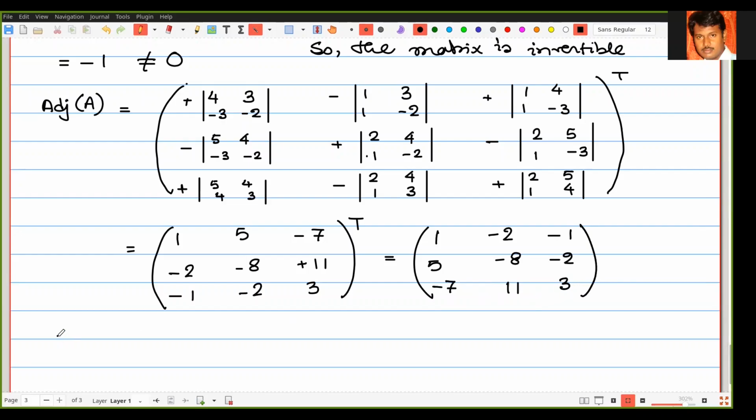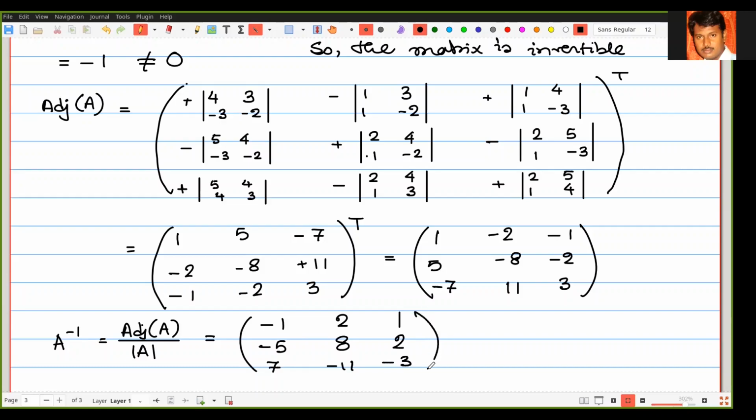So the inverse matrix A inverse is equal to adjoint of A divided by the determinant of A. As -1 is the determinant, the result of the inverse is -1, 2, 1, just changing the sign of the elements, and that is -5, 8, 2, and 7, -11, -3.